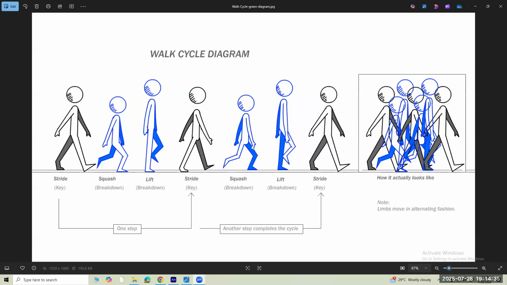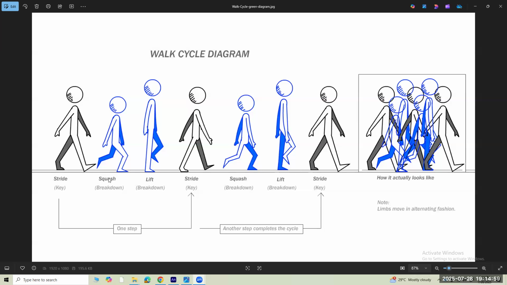So, as I have said earlier, when our character is walking, or rather when you are walking, your limbs are moving in alternate fashion. Okay. And then the same process is repeated again. We see the second lift right here. And again, this is the highest point in the walk cycle.